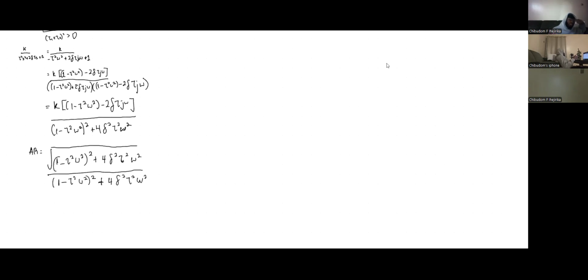So this is basically what our transfer function is going to look like, and this is basically just the same function.